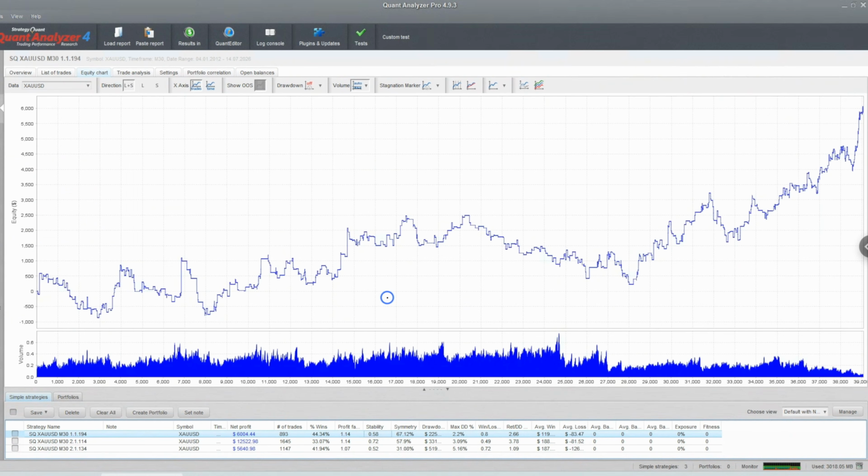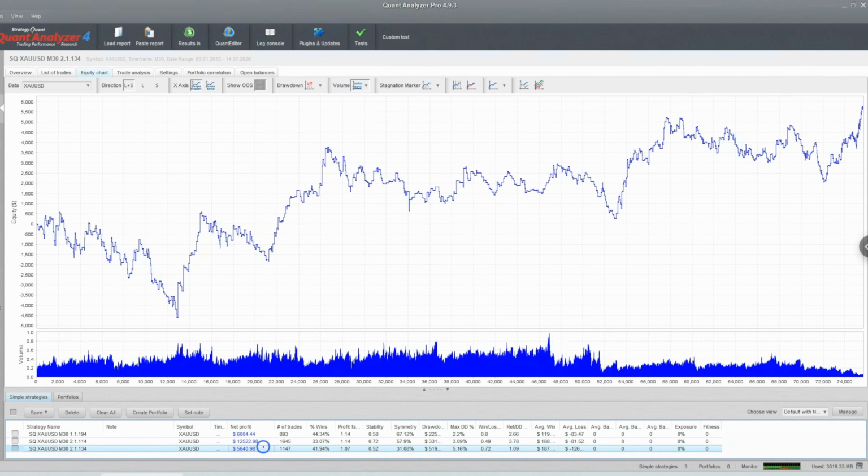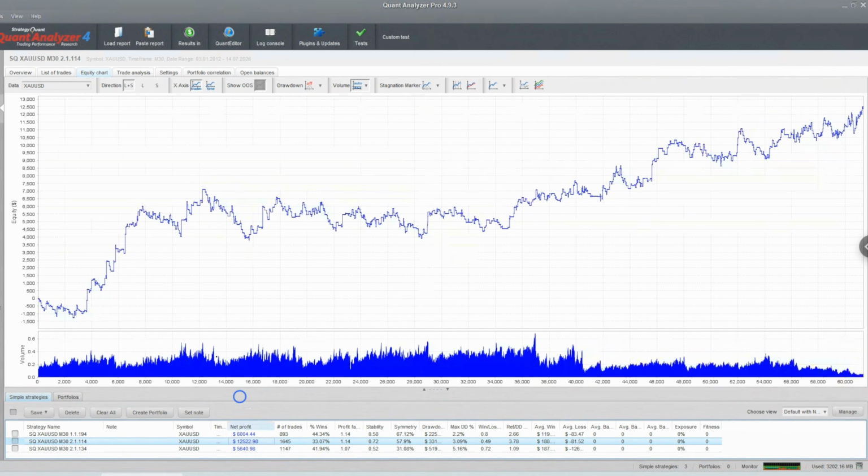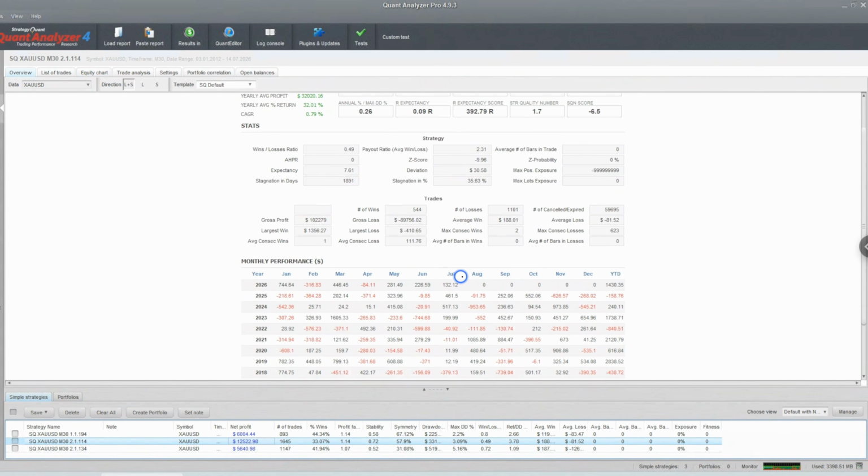After a whole bunch of filtering and testing, I am left with 3, and even these 3 are pretty bad. The equity curve on this one is pretty jagged over the past few years. This one is also pretty bad. This one is the best that I've got out of the 3, but if I show you the overview, see, it is profitable this year. So we've got a couple of months of losing trades and the other few months are profitable.